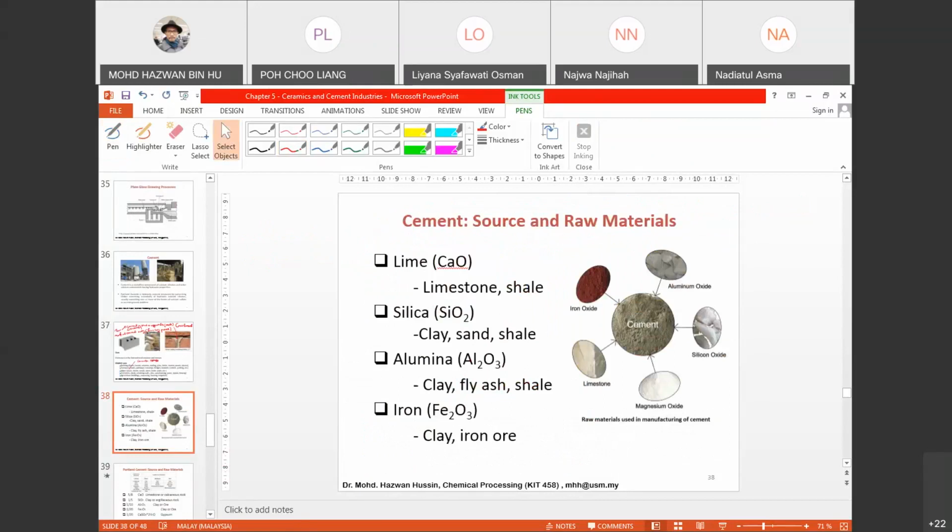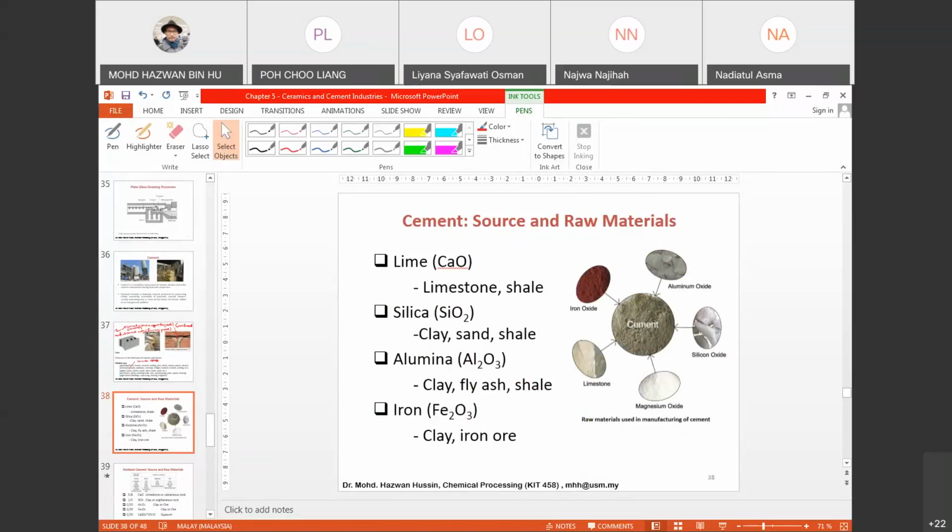Okay, so the cement source and raw materials. These are the main ingredients that you will see a lot in cement. What you should have in cement, of course, is lime, calcium oxide or shell limestone. These are a few examples of lime material.